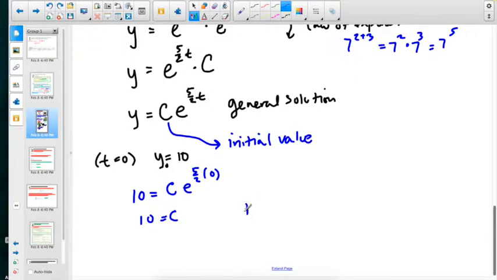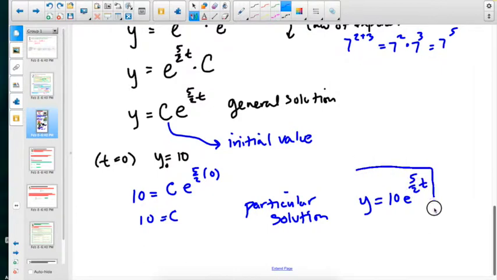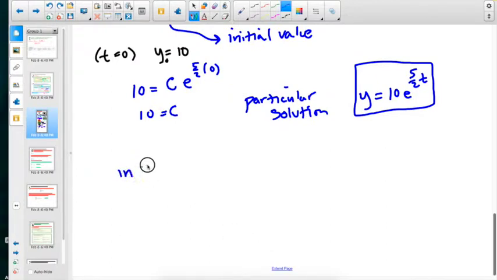So the particular solution for this beetle population is going to grow at 10 e to the 5/2 t, following that function. So in 3 months, that beetle population that started at 10 beetles is going to be 10 times e to the 5/2 times 3.